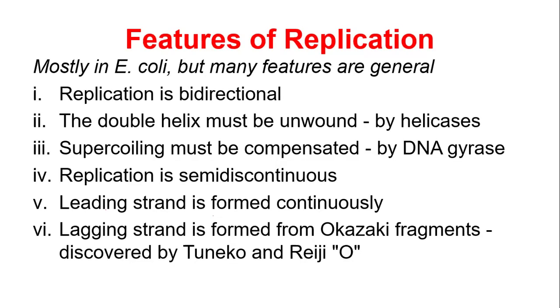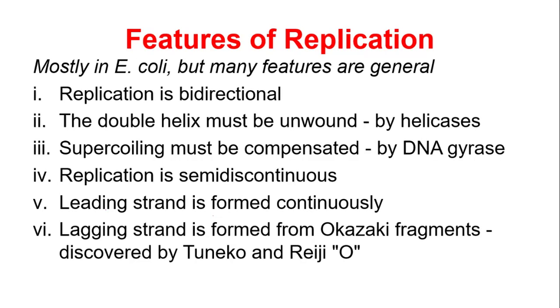Then replication is semi-discontinuous. We'll come to see what that really means. And then the leading strand is formed continuously. Then the lagging strand is formed by Okazaki fragments, discovered by Tsuneko and Reiji Okazaki. That's where the Okazaki fragment is actually coming from.